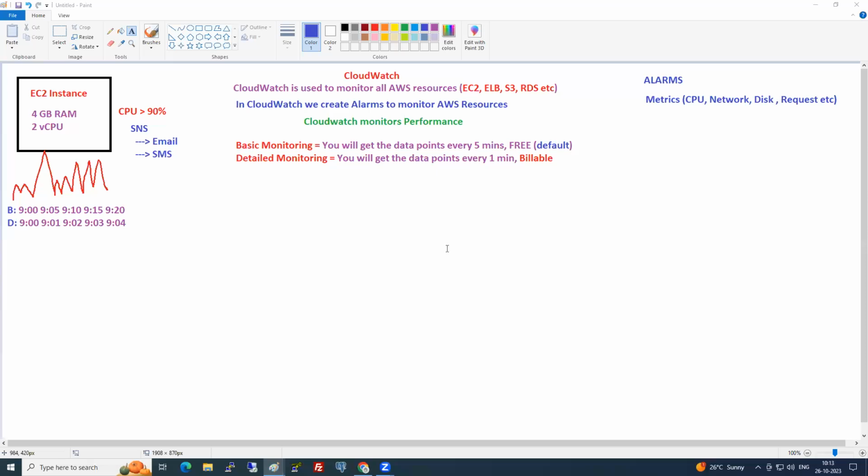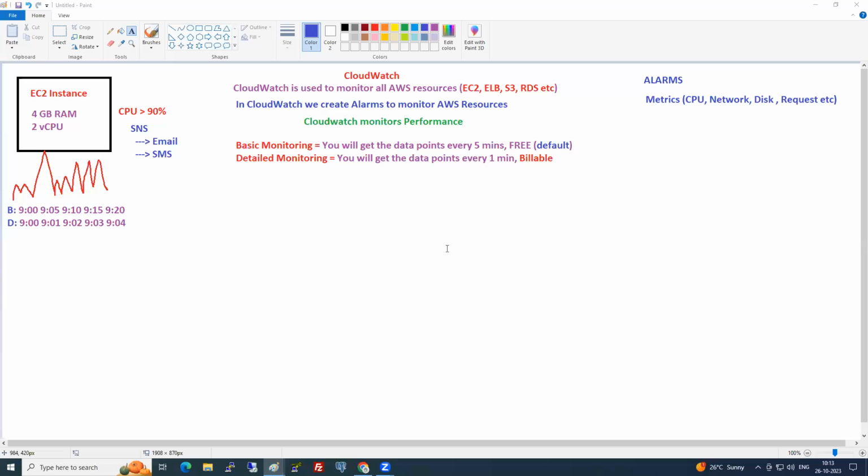Nice. Okay, now there is also one more service called CloudTrail. What's that? This is also used for monitoring purposes. But the good thing here is, whatever is happening in your entire AWS account is getting recorded in CloudTrail. CloudWatch means individual things, like I'm watching individual persons.